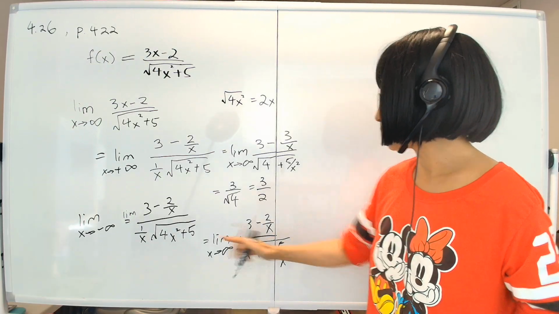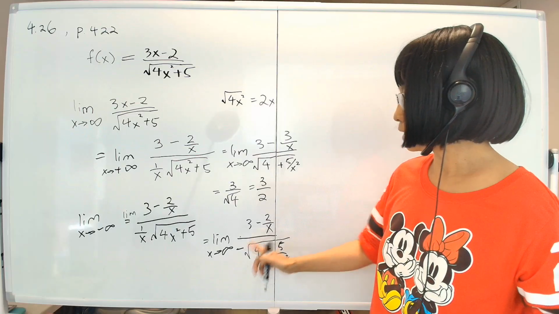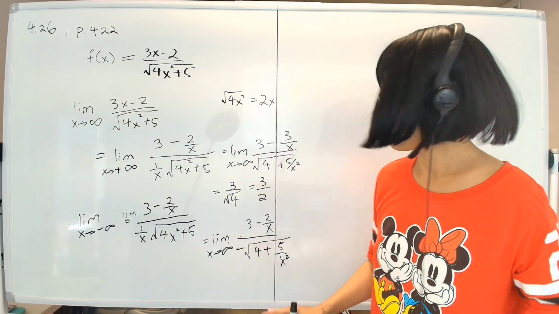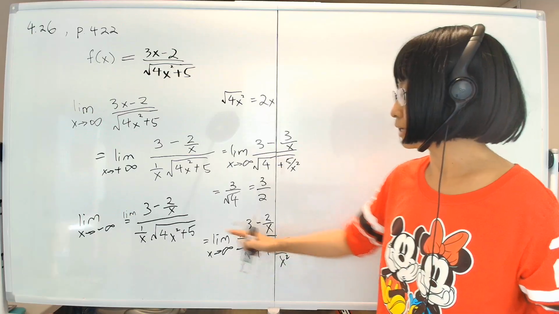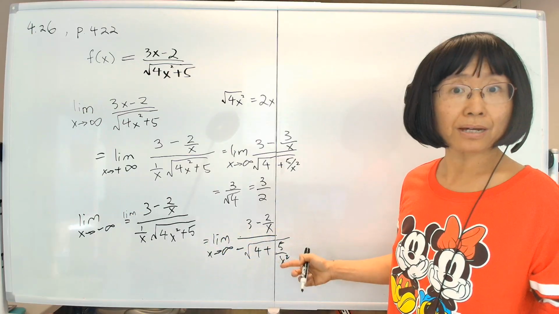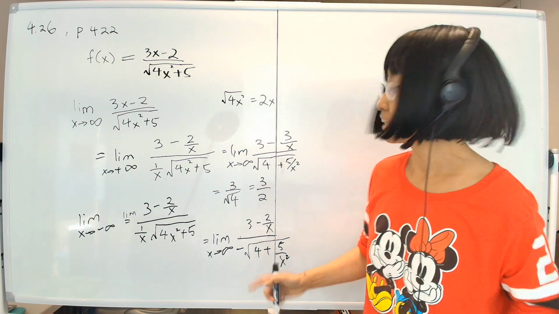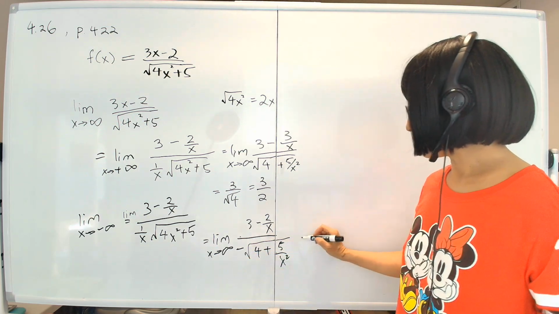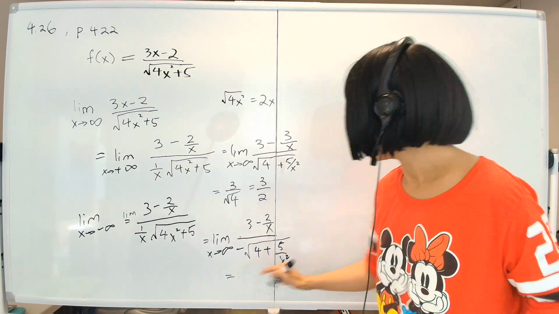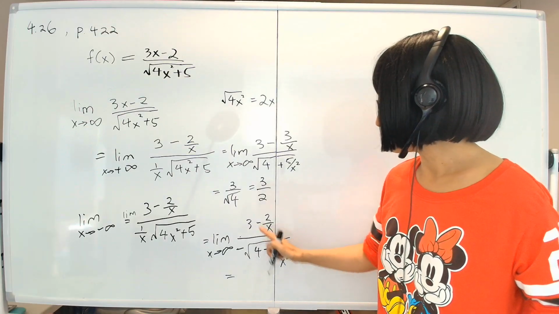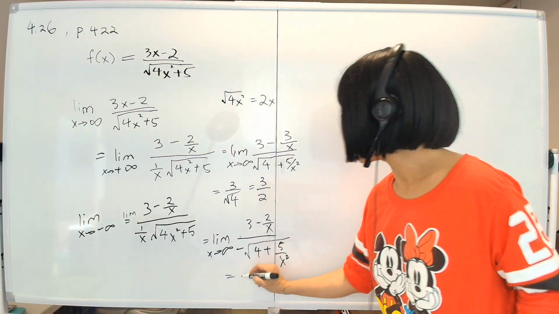When you multiply x inside, it gets rid of the x, but you have the minus sign left. Why? Because your x is negative, and the square root is always positive. Once you multiply in there, the negative sign is still there and you can't get rid of it. So as you let these two things go to infinity, they become 0, and the answer is still 3 over 2, except negative.